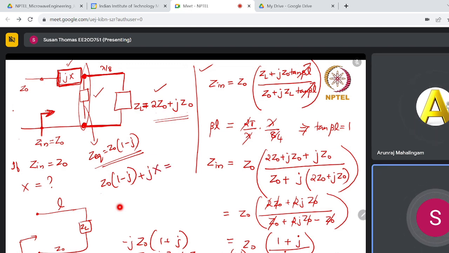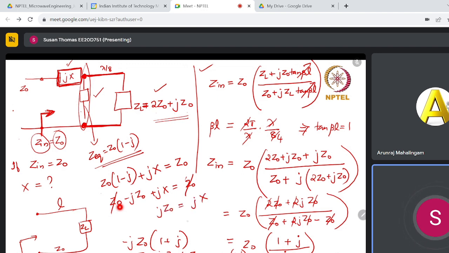These two in series added together should give Zin, which is equal to Z0. So Z0 minus JZ0 plus JX is equal to Z0. Z0 and Z0 will cancel, so finally JZ0 is equal to JX. So X is equal to Z0.